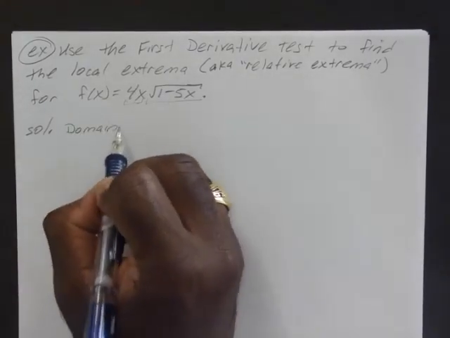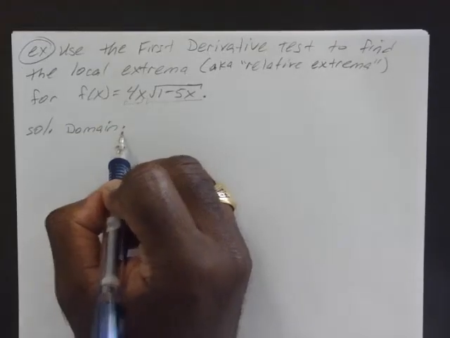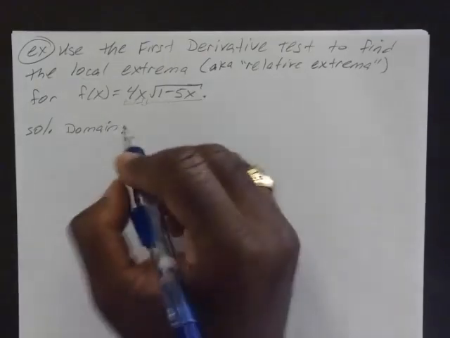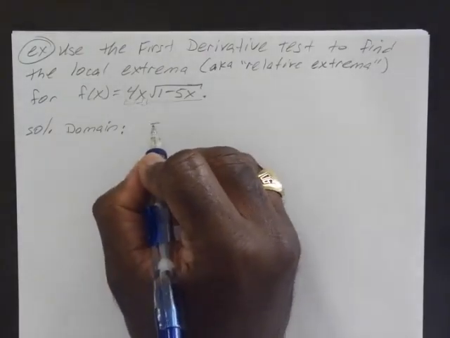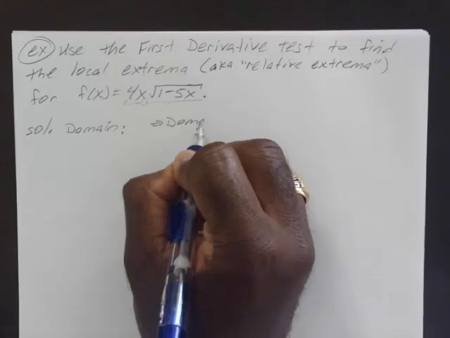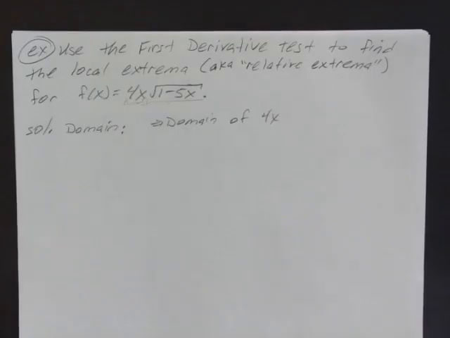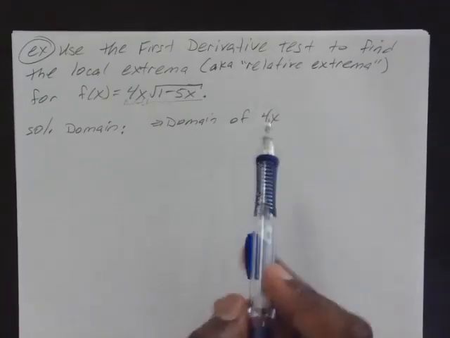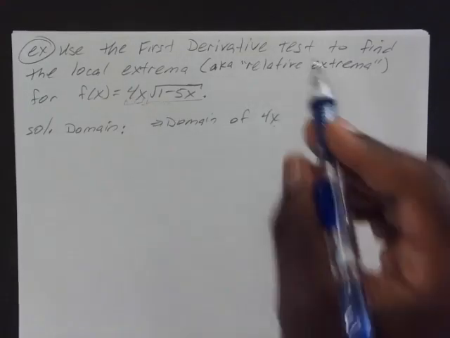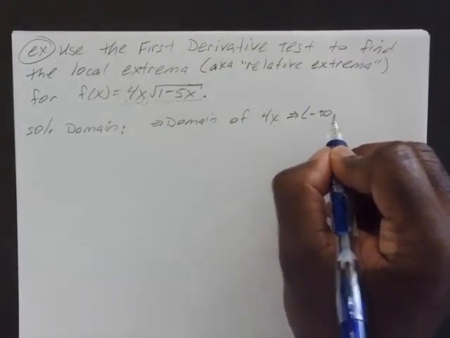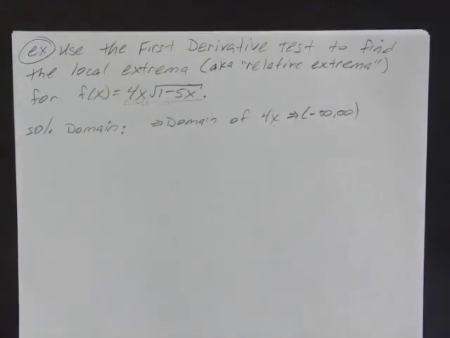The actual domain of x values that you can use would have to be true for both of them. So if we look at the domain of 4x, well, you can plug in any real number value of x and get a real number answer. There are no undefined values of x for this one. So we know that domain is from x equals negative infinity to infinity. You can literally plug in any real number.